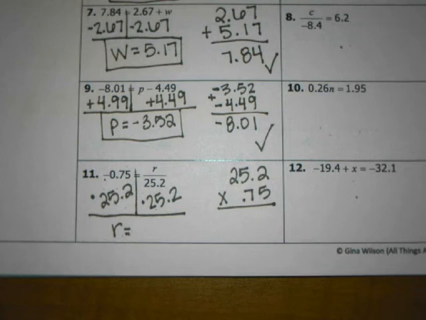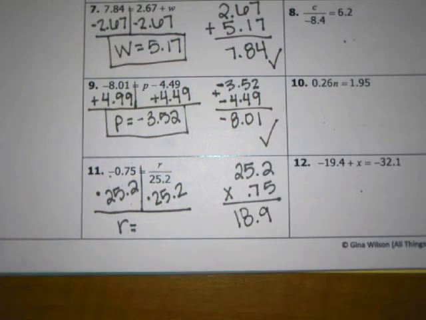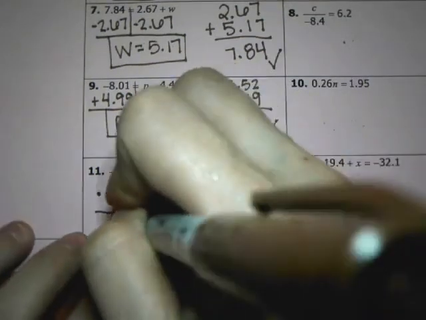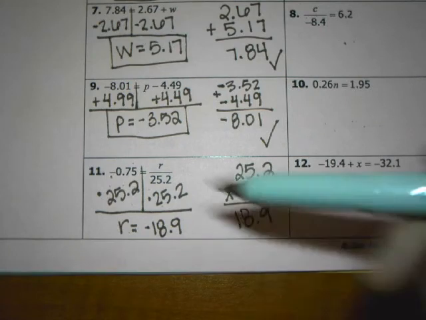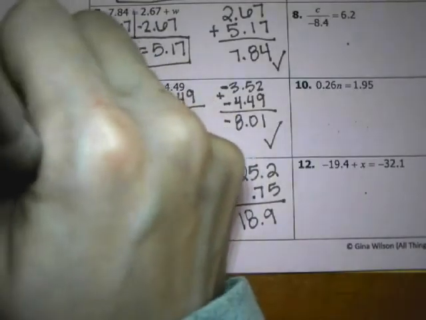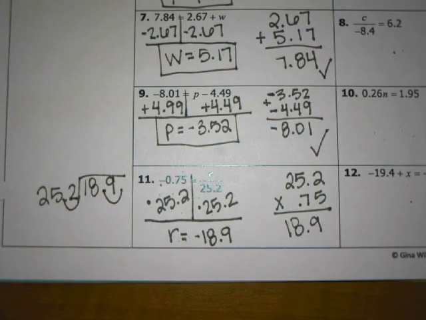What did we get, guys? What did you get when you multiplied? 18 point what? You should have told me 18.9. Is that 18.9 a positive or a negative? It is a negative 18.9. How do we check our work? So 18.9 divided by 25.2. So check your math.